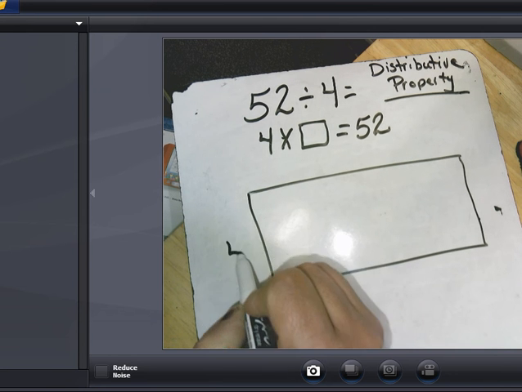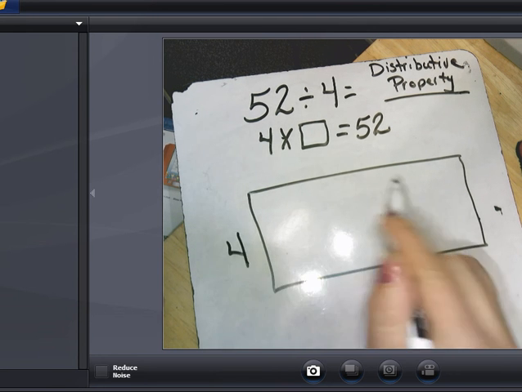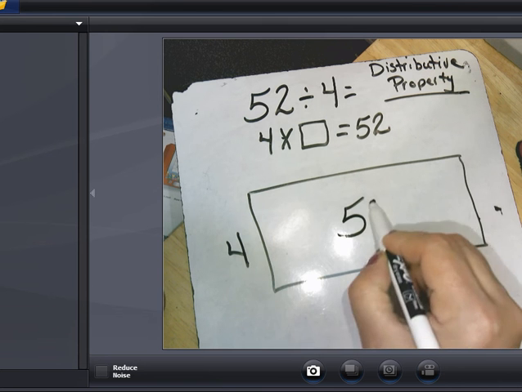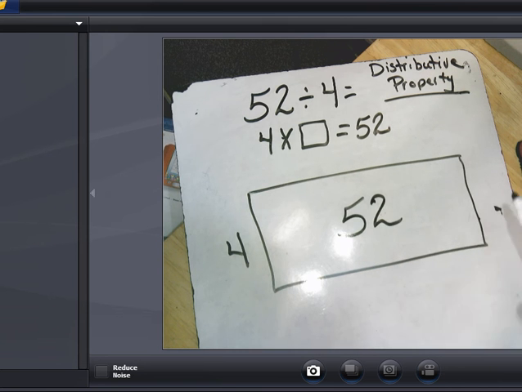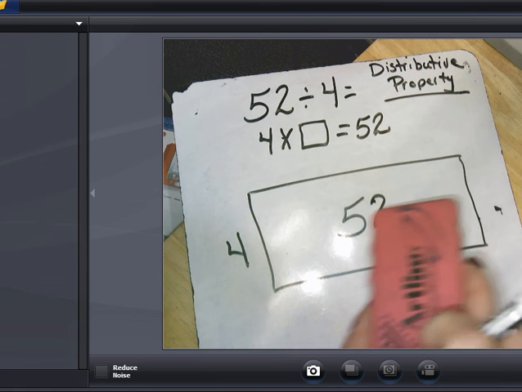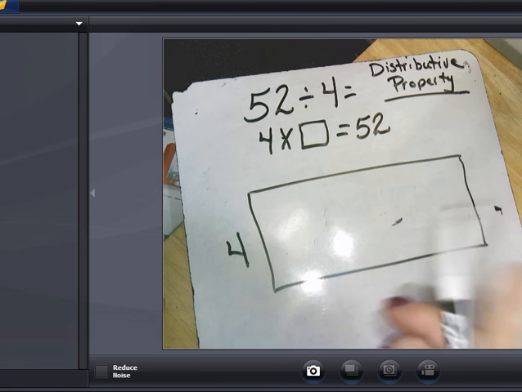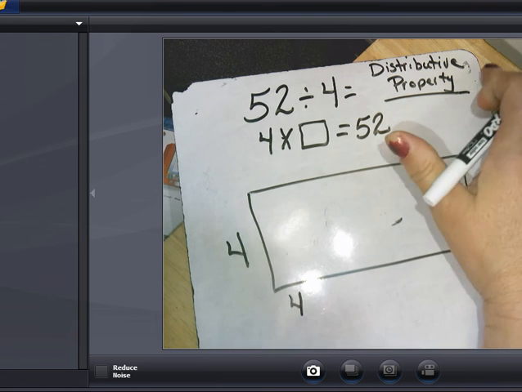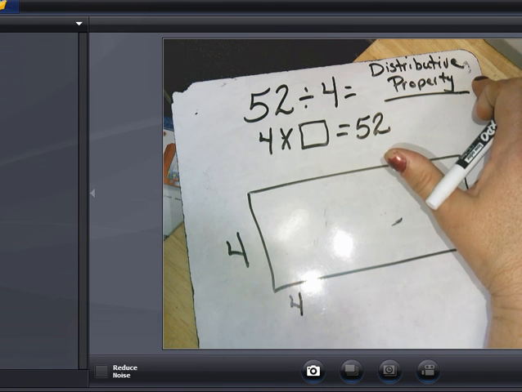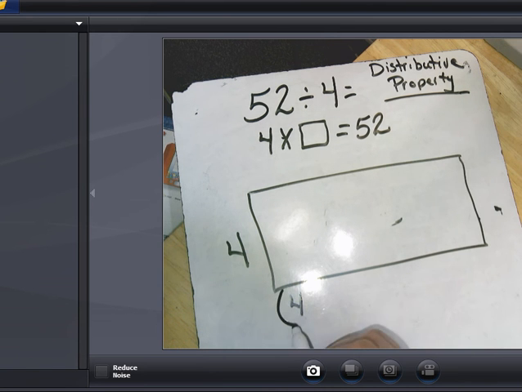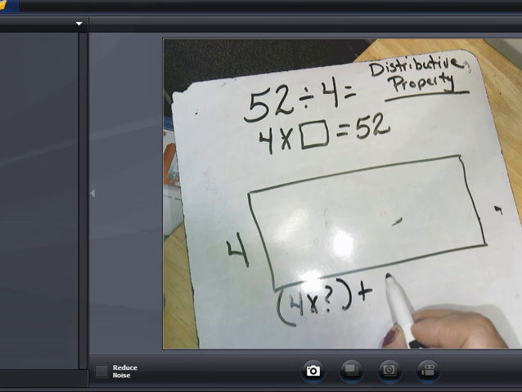So I have 4 over here, and in here I have a total of 52. How can I break that up evenly? So I'm going to think about it. Here's my distributive property, and I'm going to do 4 times I don't know, plus 4 times I don't know.